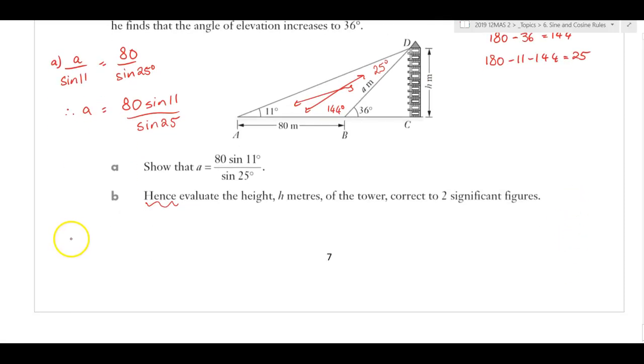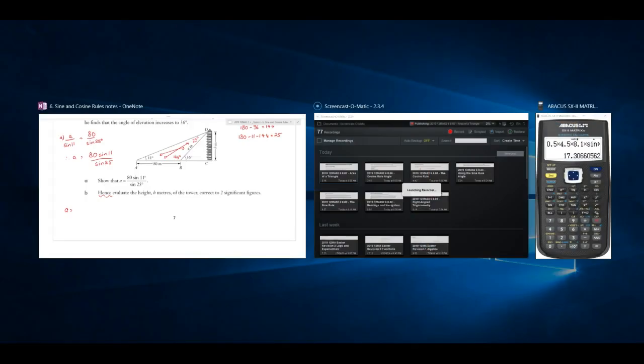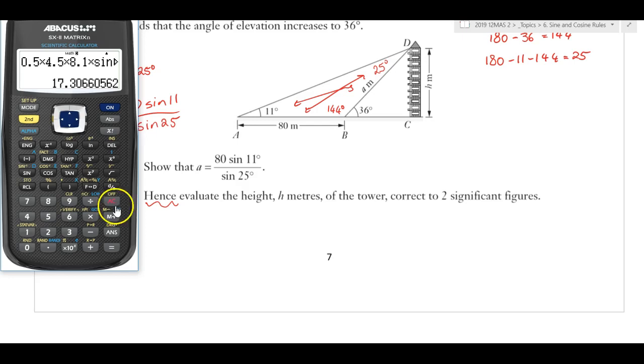So first of all, I'm going to evaluate A. A equals, where's my calculator? Here it is. Let's type it in like this: 80 sine 11 over sine 25.